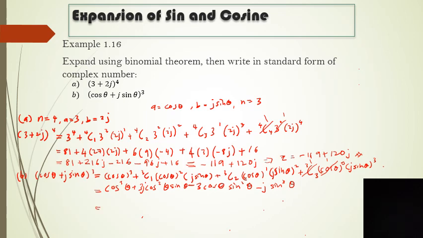Okay, we combine the term with no j, which is the real part, and the term with j, the imaginary part, because we want it in standard form.